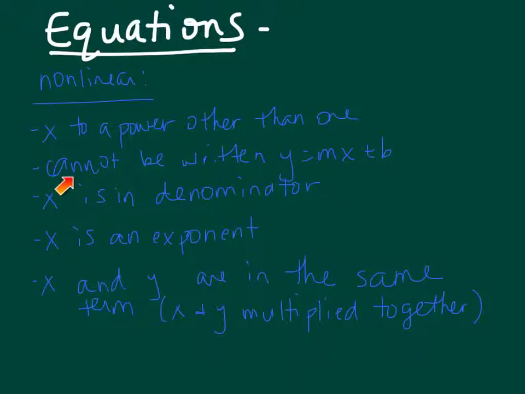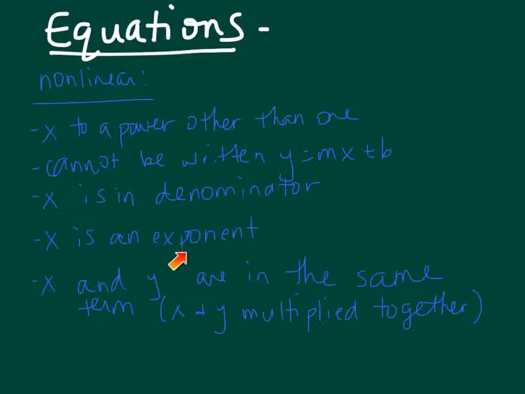Okay? The second thing, which kind of goes along with that, is if it cannot be written as y equals mx plus b. So try to get it into slope-intercept form, and if you find that this is x squared or x cubed, then it's not a linear function. Another thing that also has to do with that is if x is in the denominator. So if you have 5 over x, and you have x in the denominator, it is not a linear function.